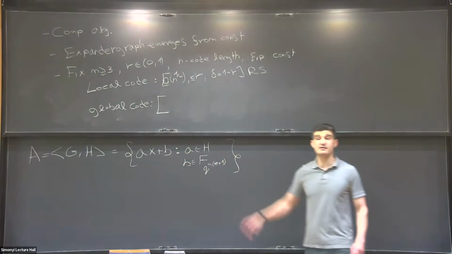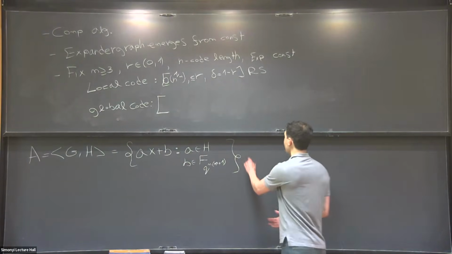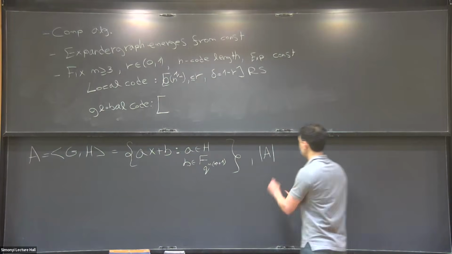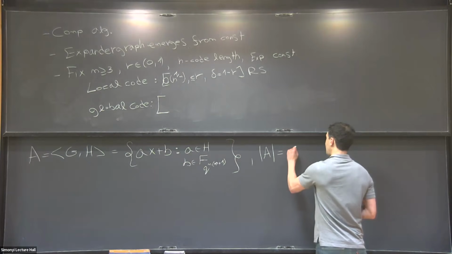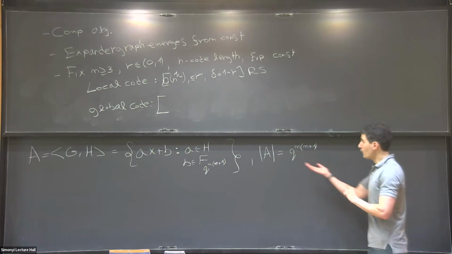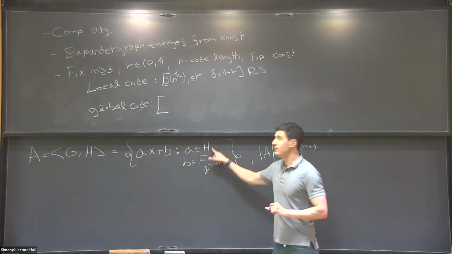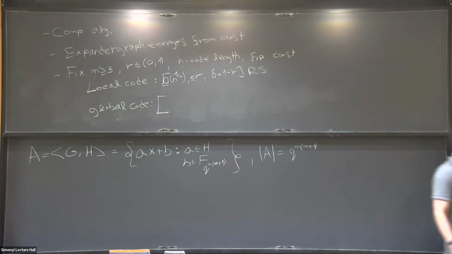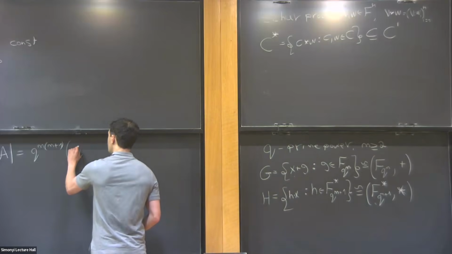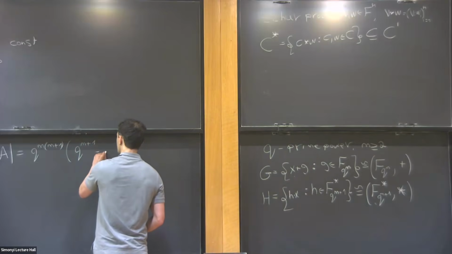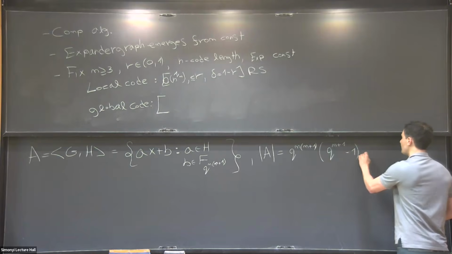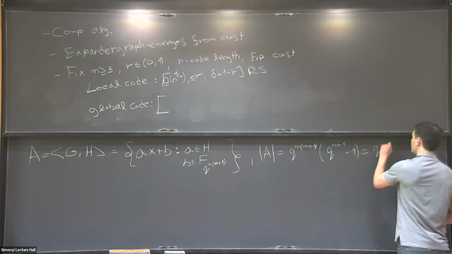Okay, so this is the group, and I can actually calculate the size of this group. For B, how many options do I have? I have Q to the M times (M plus 1). And for A, an element in capital H, it has Q to the M plus 1 minus 1 options. So now if I ignore the minus 1, this is basically Q to the M plus 1 squared.